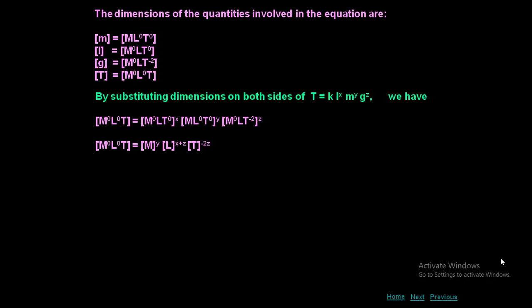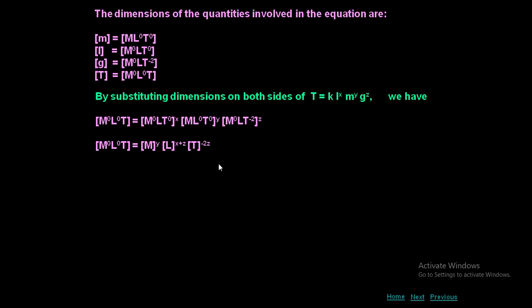Now if you are going to multiply them, M to the power y and L to the power x plus z, because here you have one L, that is L power x, here you have another L, L to the power z. So a to the power m into a to the power n is nothing but a to the power m plus n. So here it will become L to the power x plus z into T to the power minus 2z.